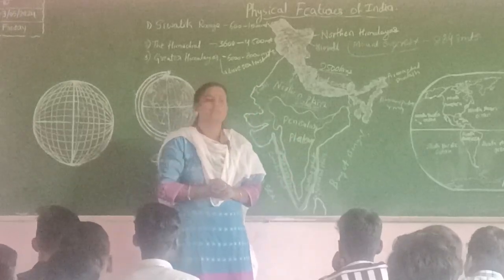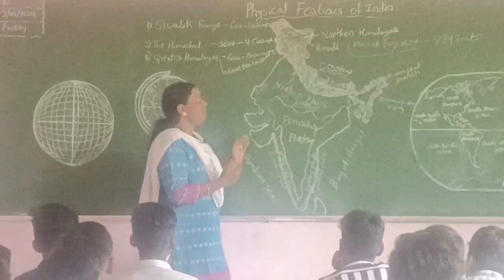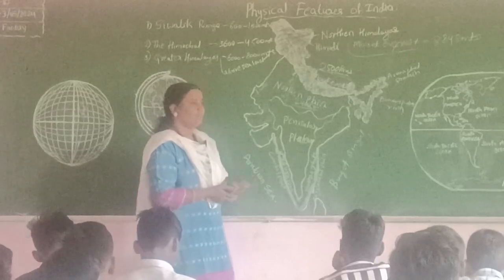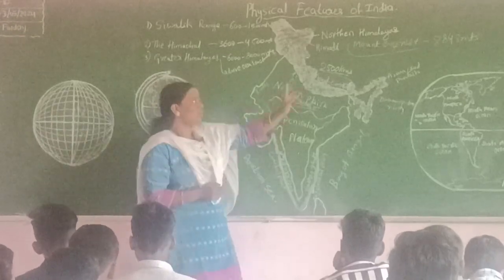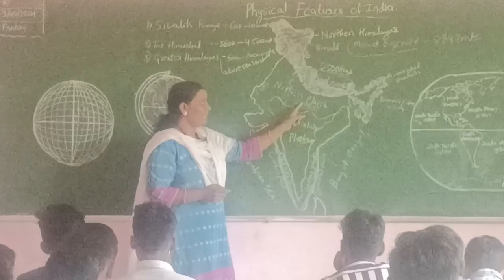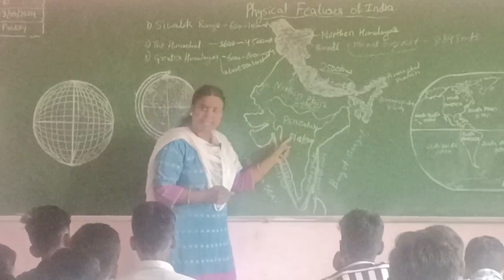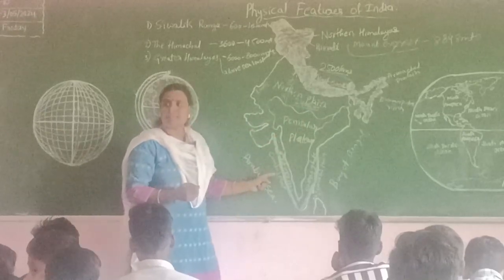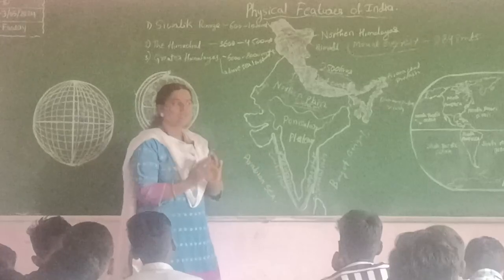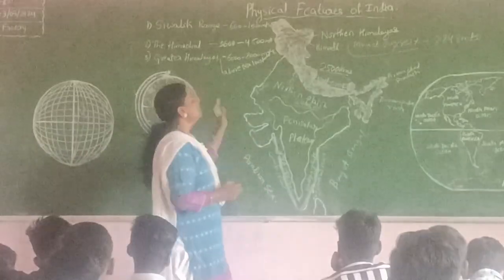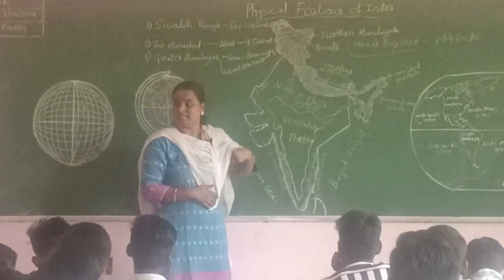The physical divisions of India are mainly four: the northern Himalayas, the northern plains, the peninsular plateau, and the coastal plains. First we are going to learn about the main one, the northern Himalaya.